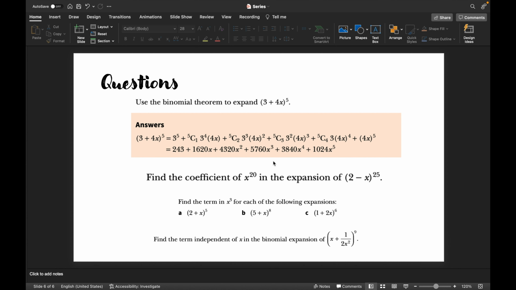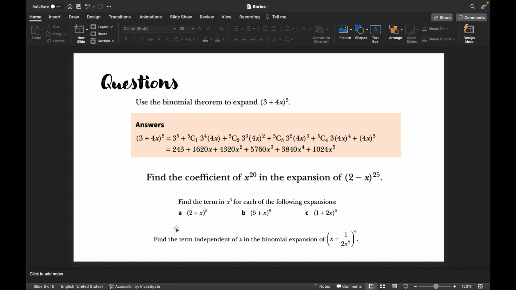Then we write 5C1 multiplied by 3 to the power of 4, because the power of the first element is going to decrease by 1. And then the second element is going to be to the power of 1, so 4x to the power of 1. You write that for every single term, and once you simplify it, this is what you're going to get. I hope this is clear.